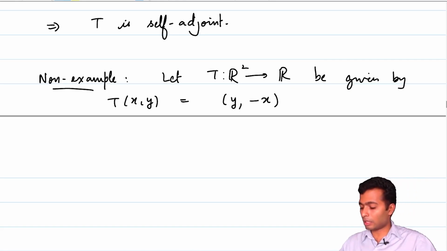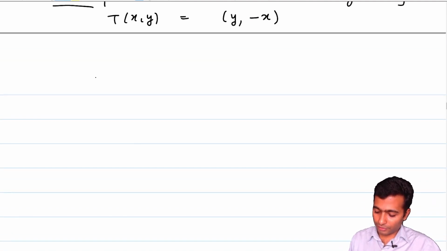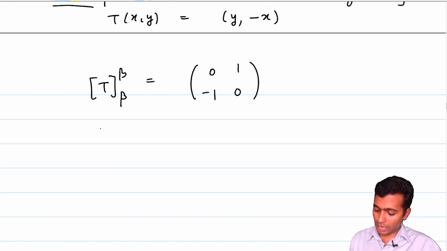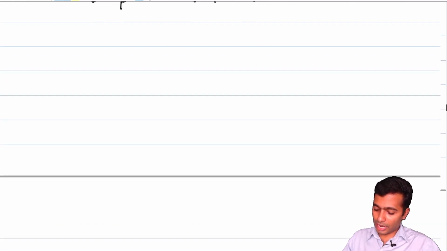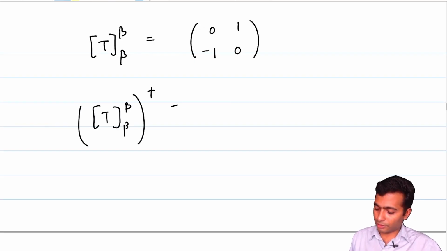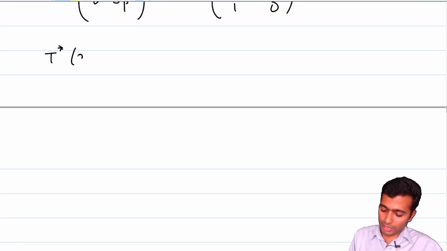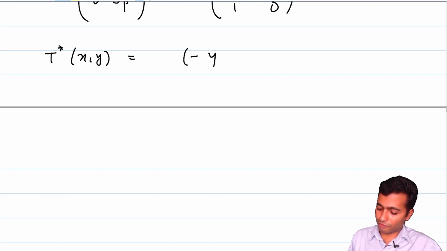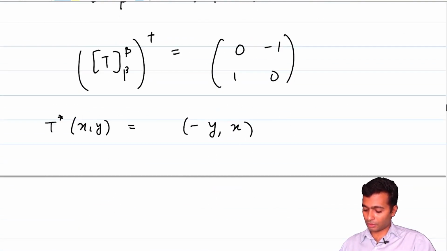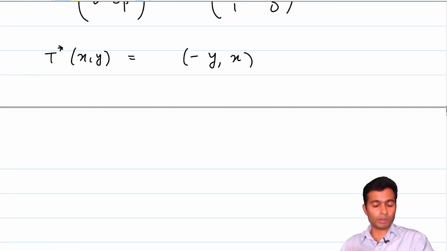And if you go back and check the calculations involved, we actually had this with respect to the standard basis. This was just going to be equal to 0 minus 1 1 0, and therefore if you calculate the adjoint, it is just 0 minus 1 in the first row, 1 0 in the second row, and that would give us that T star of x comma y is equal to minus y comma x, which is not equal to T of x comma y, because T of x comma y was y comma minus x.